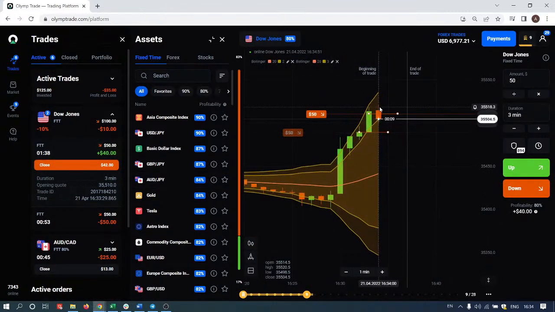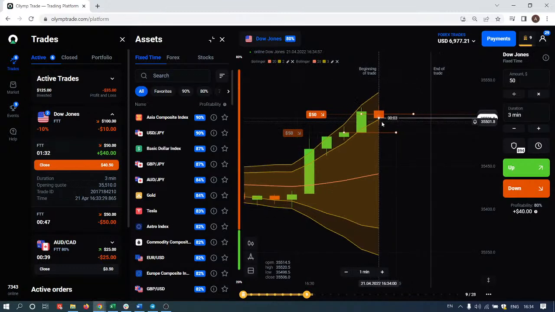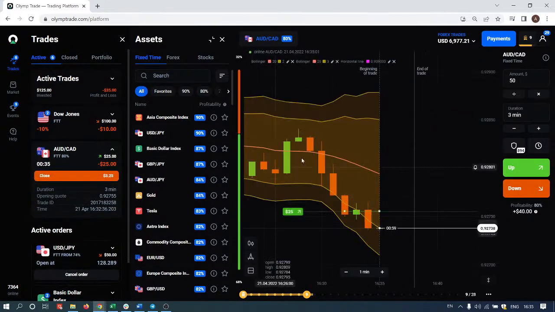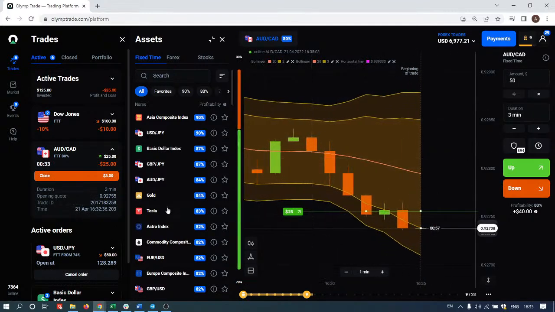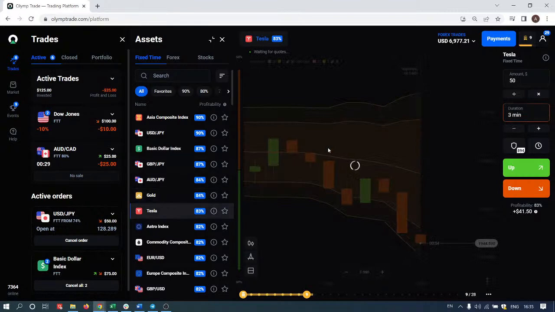All right, so the first one closed with a loss. What is going to happen with my second trade here? So will it reverse?